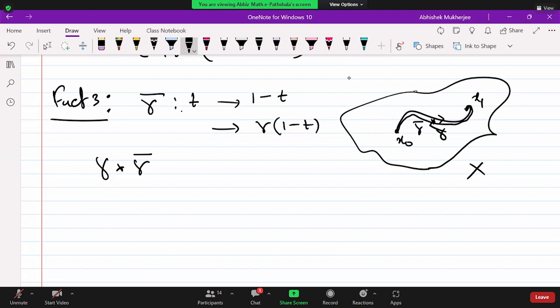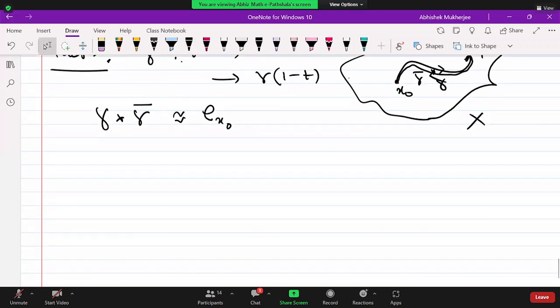That means you are starting from x naught to x1 and then coming back from x1 to x naught. So this path will be homotopic to the constant path at x naught. Why? Because of this reason.